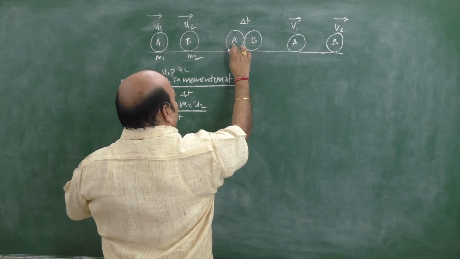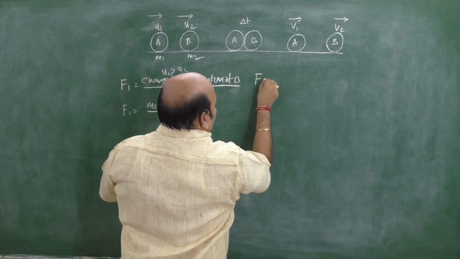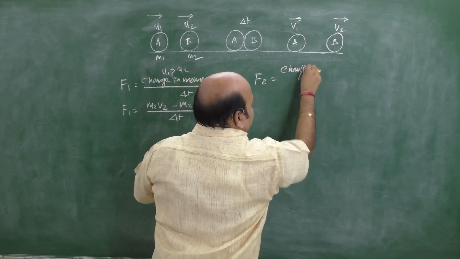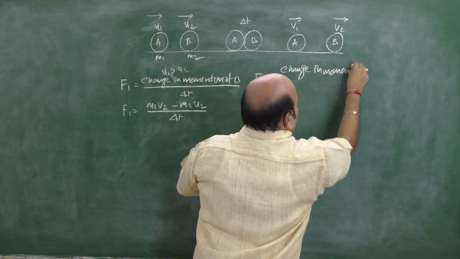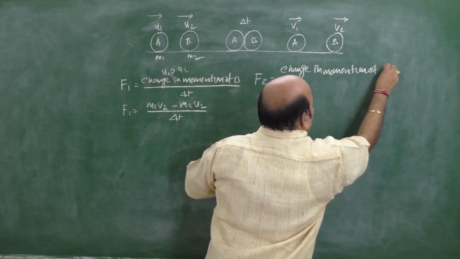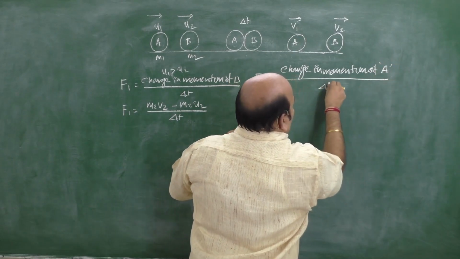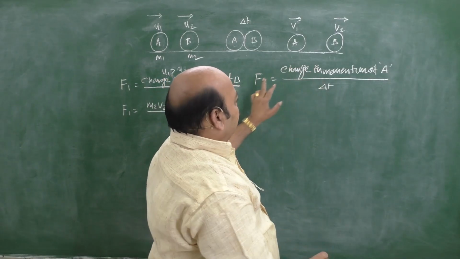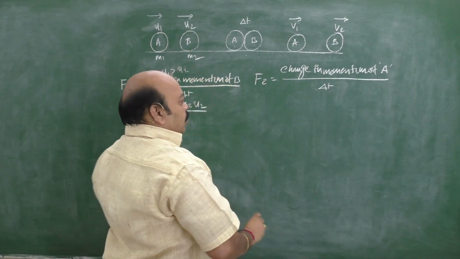Now see, what is the force exerted by B on A? This is F2. F2 is nothing but the change in momentum of A by the time of contact, because this quantity gives the rate of change of momentum, which is equal to force according to Newton's second law.